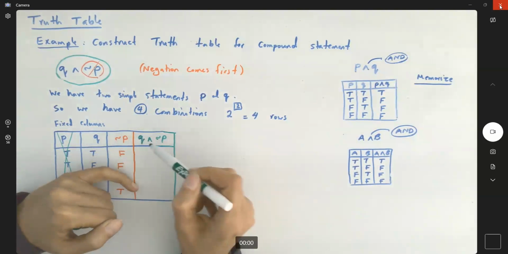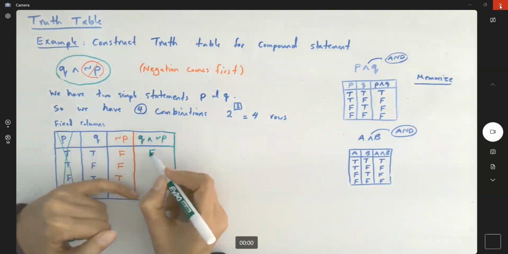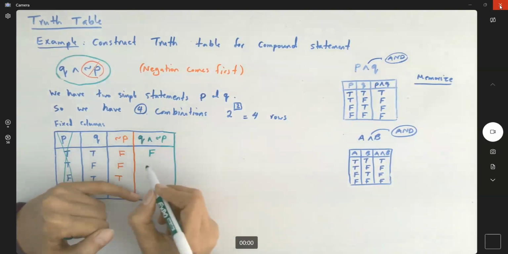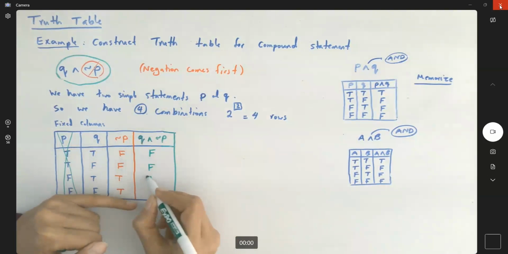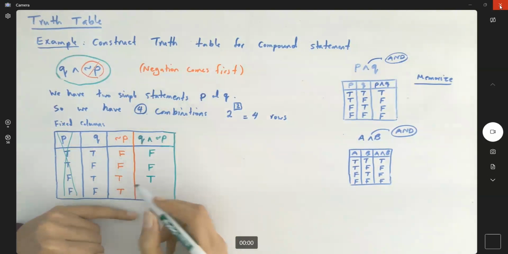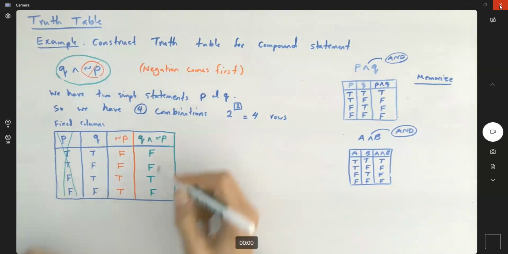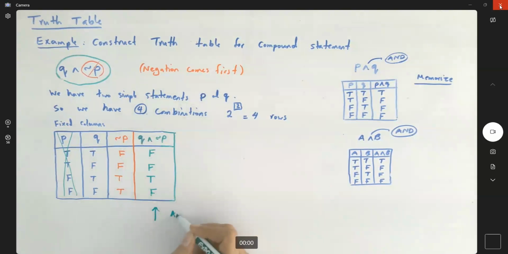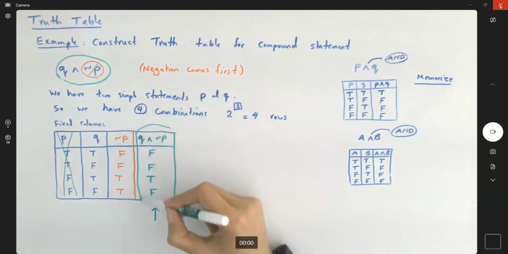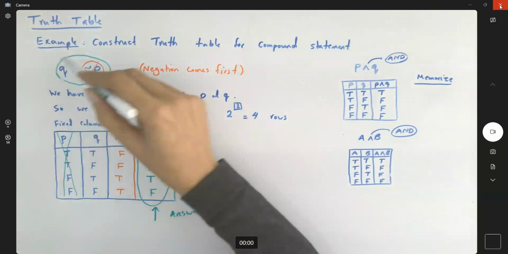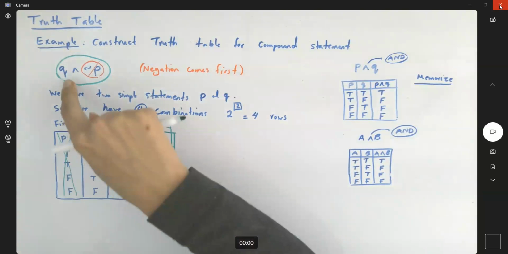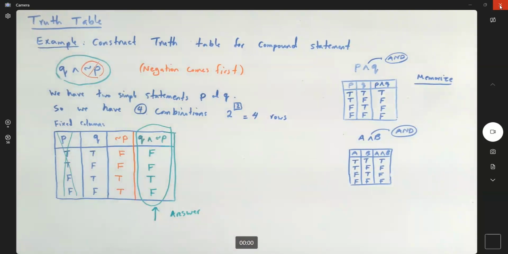True and false is false. False and false is false because we have and. True and true is true. False and true is false. So this is your answer. This column is the truth table, the value for this compound statement, Q and not P.